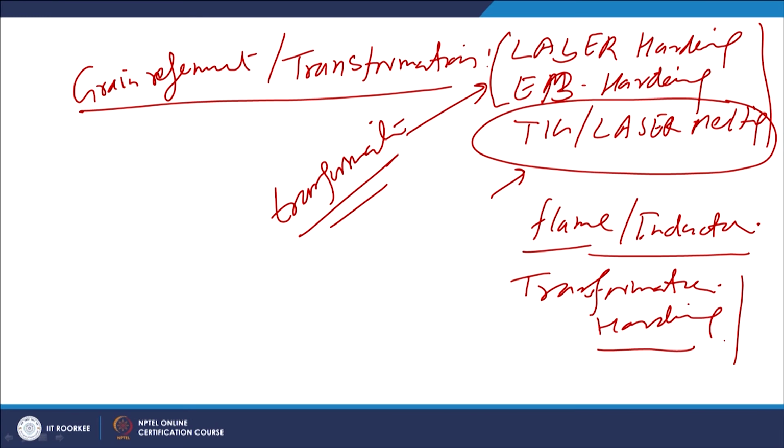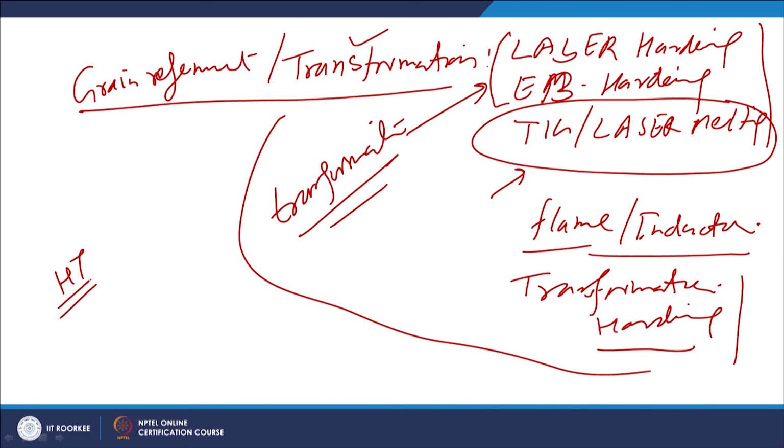These transformation hardening methods are especially applicable to heat treatable metal systems, meaning metals responding to heat treatment.